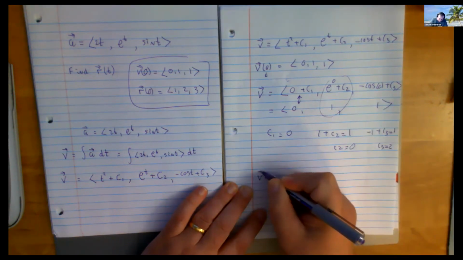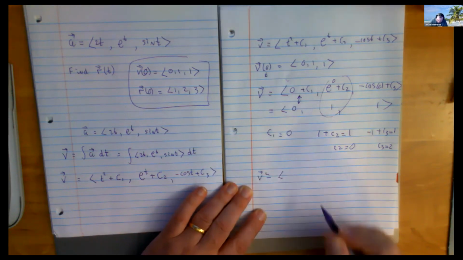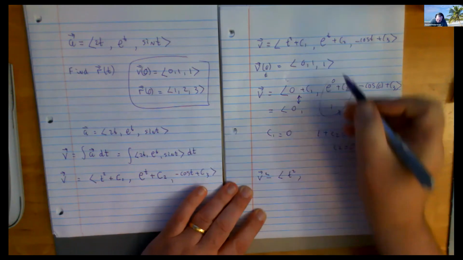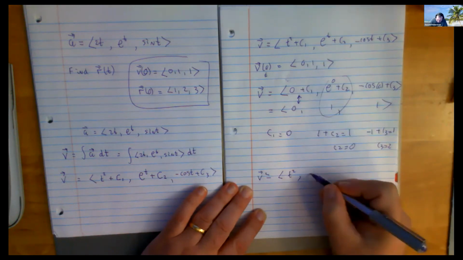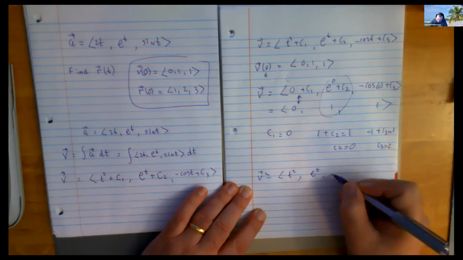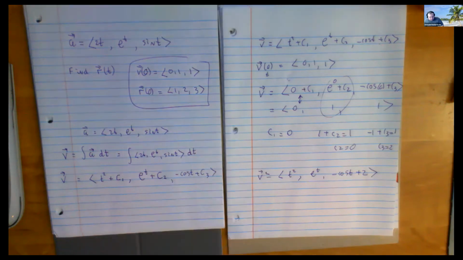I now have our velocity vector. It's going to be t squared plus nothing, e to the t plus nothing, and negative cosine t plus 2. Does that make sense?